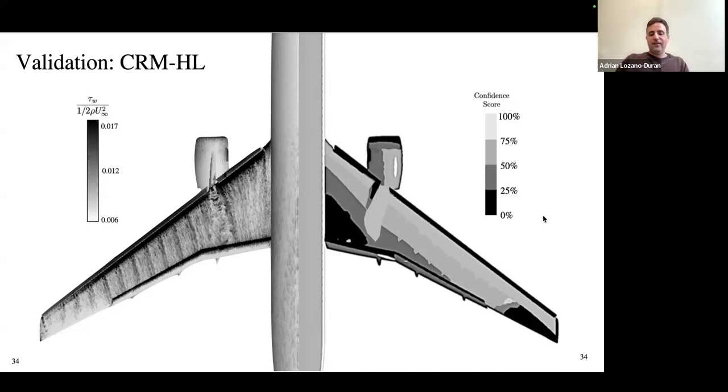Those, we understand what happened is that the bonded layers are so thin that we have 0 points per bonded layer. So with 0 points per bonded layer, the model will, yes, give you 0 confidence, because you are not resolving anything. But then the other part is this corner here at the fuselage and the wingtip. And we know from the experiments that there may be separation there.